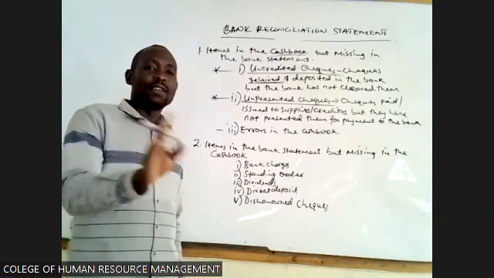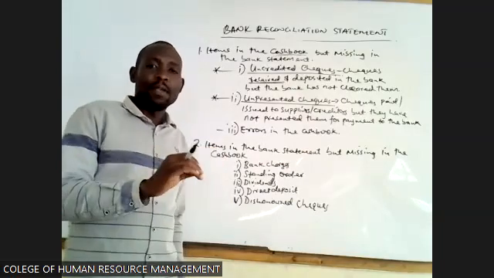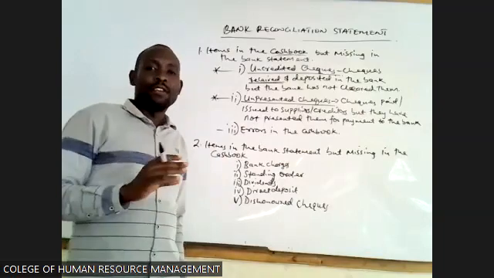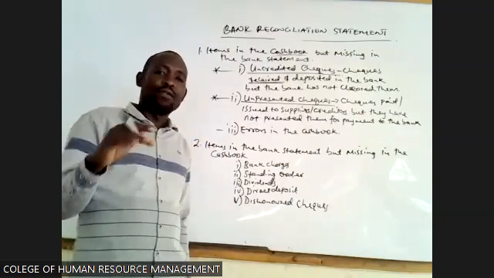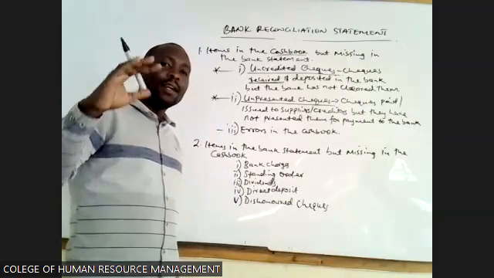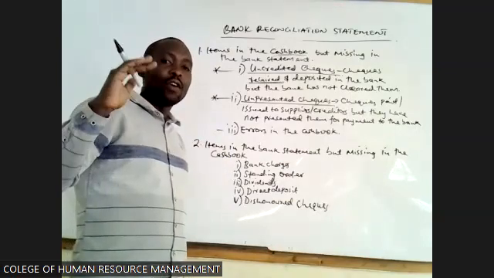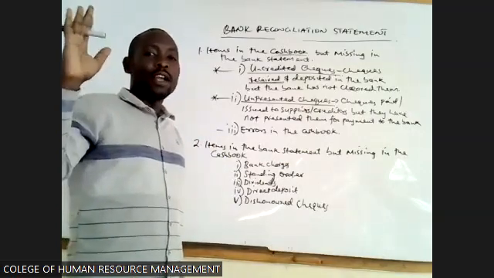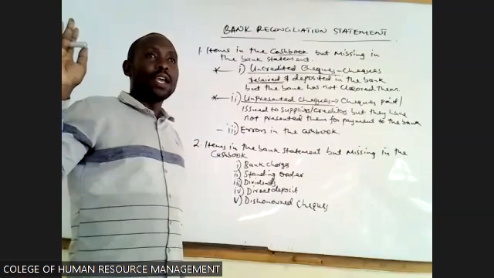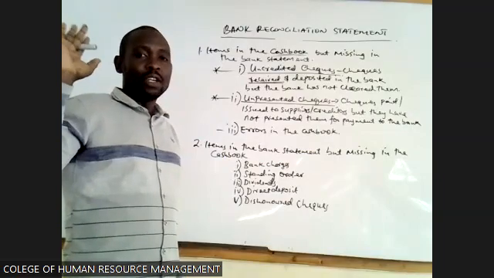Maybe the account has insufficient funds, maybe the check is stale, the check is not legible, among many other reasons. But to your end, the moment the bank has rejected or has returned a check, just know that that check is dishonored. Don't bother with the reason why it was returned. Just know it is dishonored.